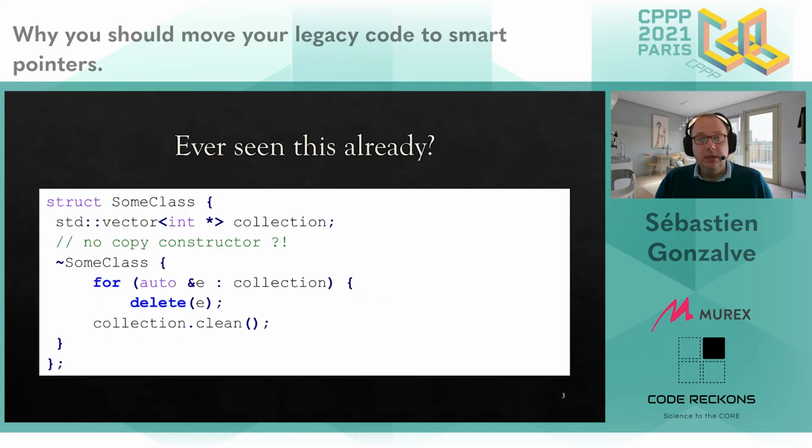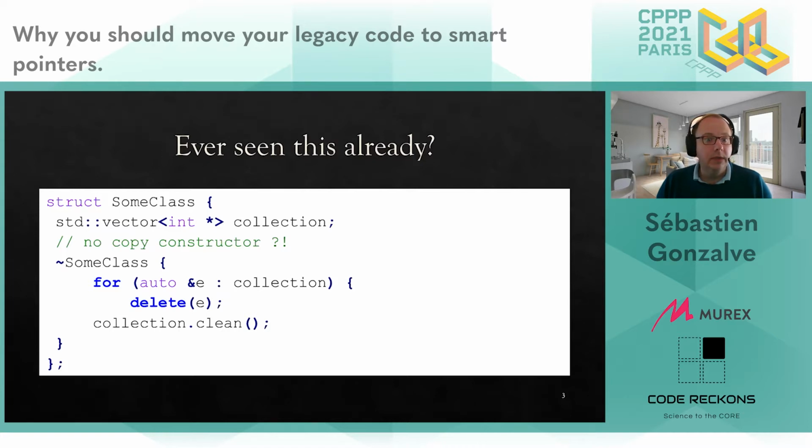So here is a usual example of code you encounter and you just wonder what's happening there. You see some class, you see some vector of pointers and integers, no copy constructor, and a destructor that takes care of iterating over each element of this vector and cleaning it. And the question remains: is that supposed to work correctly?